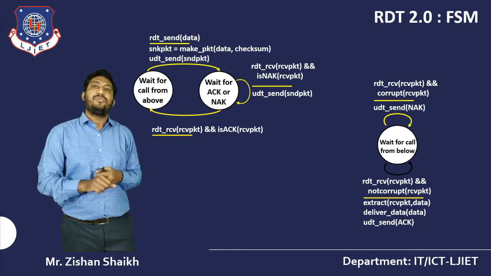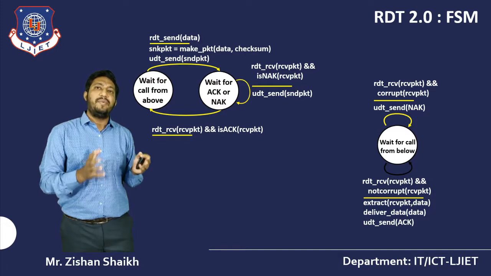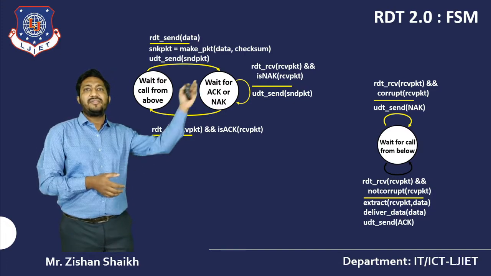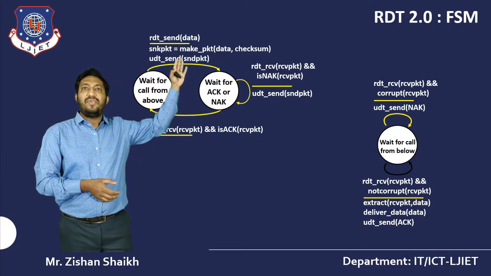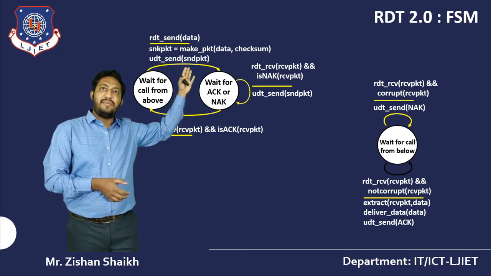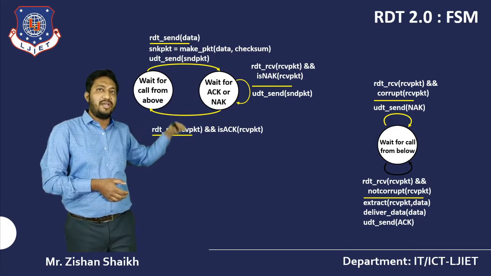Both positive and negative acknowledgements are considered here. So let's understand this whole scenario using the FSM. First we use the rdt_send method. From that we make the packet and then we send it.